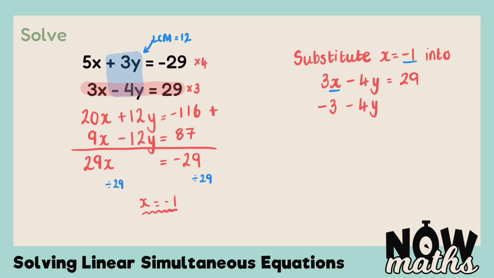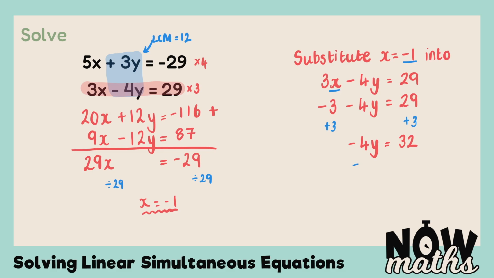Subtract 4y equals 29. Then when we solve this, because we have a -3, we have to add 3 to both sides, which gives us -4y equals +32.